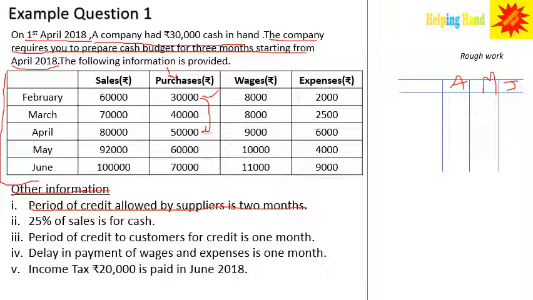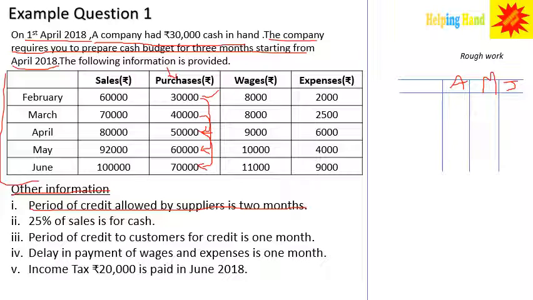There can be a 2 months delay in the payment. Fine. Then March purchases should be paid in the month of May, and April purchases should be paid in the month of June. This is what the first statement says.